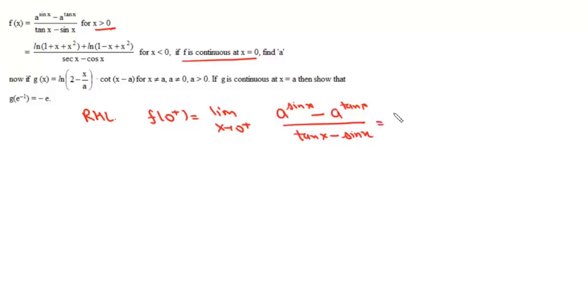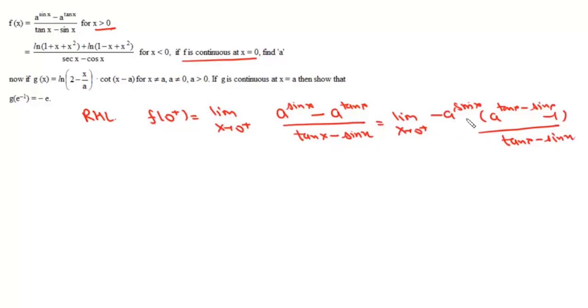So if we take minus a to the power sin x common, then we can write this as limit x tends to 0 positive minus a to the power sin x, then it will be a to the power tan x minus sin x minus 1 upon tan x minus sin x.